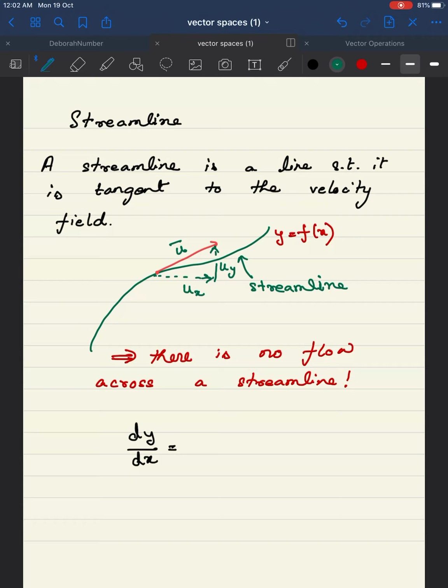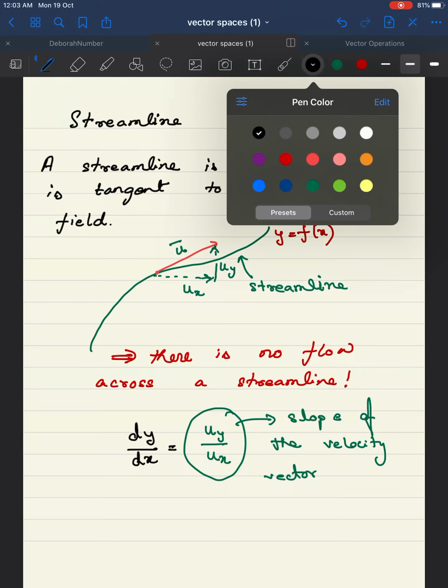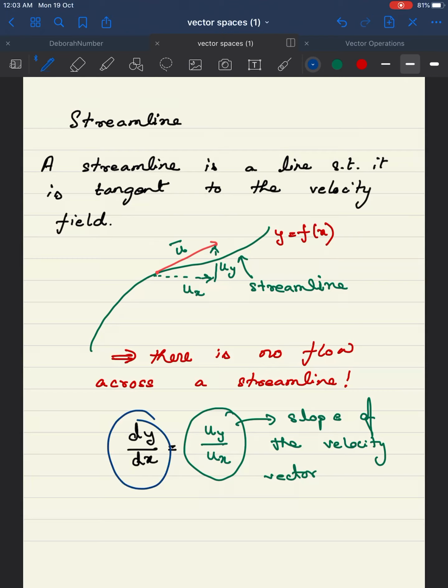So this slope would also be given by uy by ux. Okay, so this is actually then equal to uy by ux. So this portion is basically the slope of the velocity vector, whereas this part is the slope of the streamline.